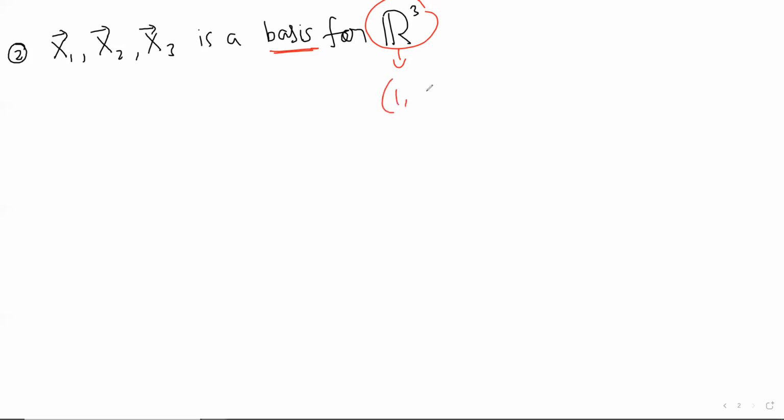Like if it's given 1, 2, 3, then you can find some C1, C2, C3. The linearly independent thing is not necessary here because there are 3 vectors only. So you cannot do it with 2. That should be clear. You can find C1, C2, C3, and you can do that for any vector.